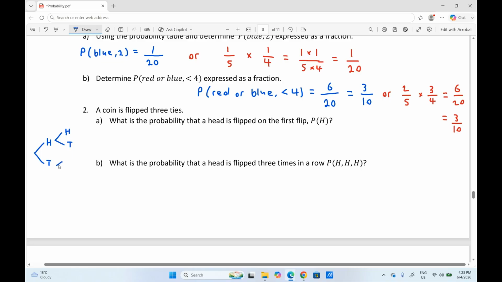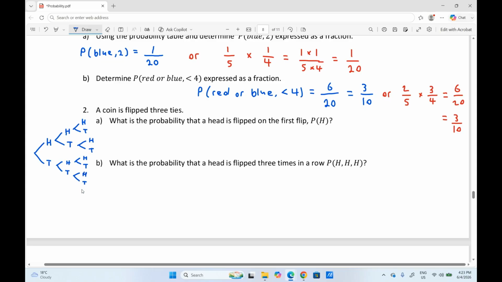And if I landed on tails, I can now get heads or tails again. And if I landed on heads the second time, I can get heads or tails for my third flip. Same thing, if I get heads the first time, tails the second time, I can get heads or tails on my third flip. So this ends up forming a tree diagram here.